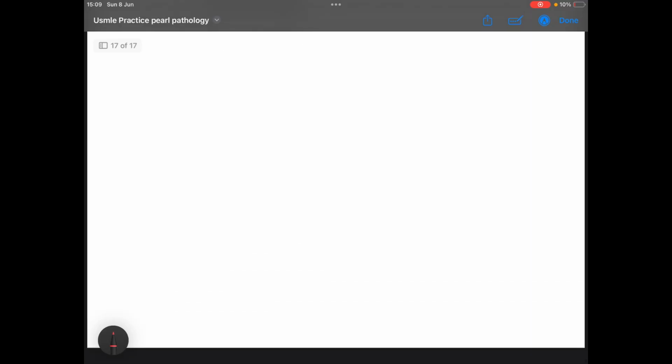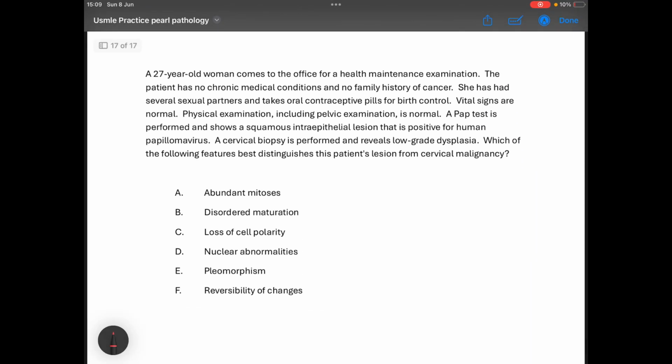Our next question: a 27-year-old woman comes to the office for a health maintenance examination. The patient has no chronic medical condition and no family history of cancers.